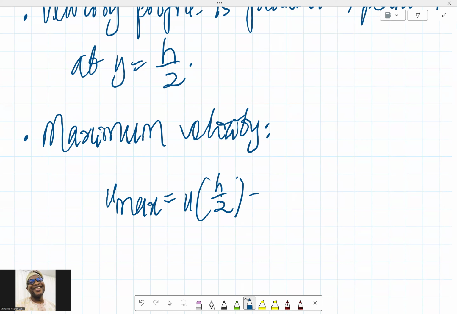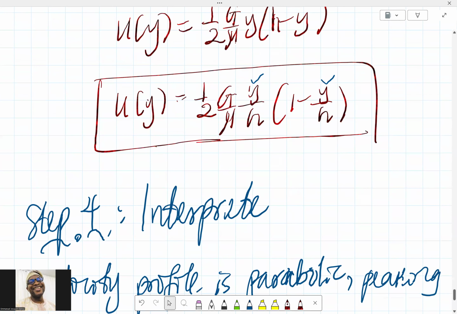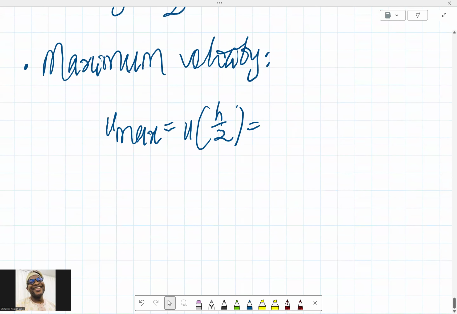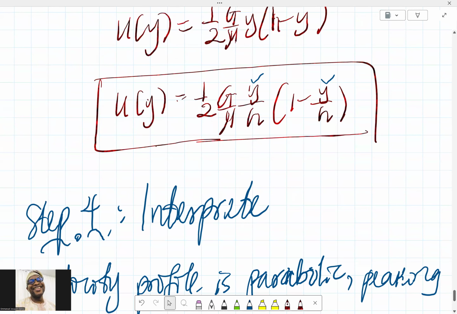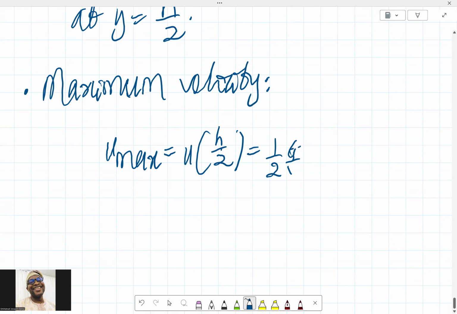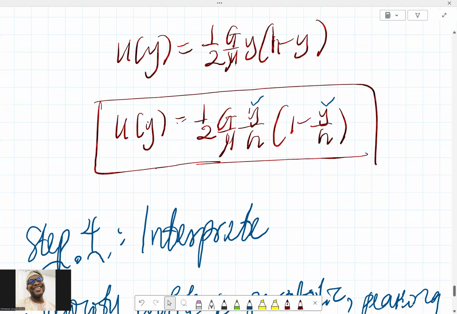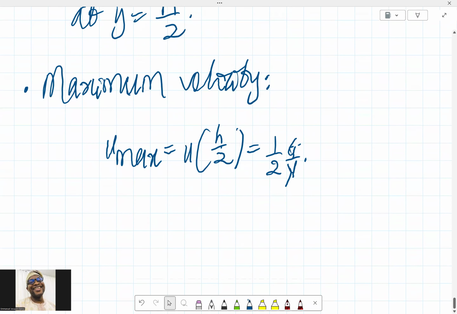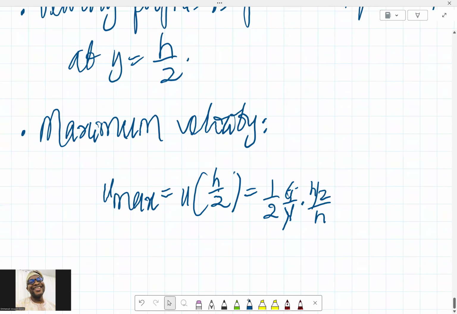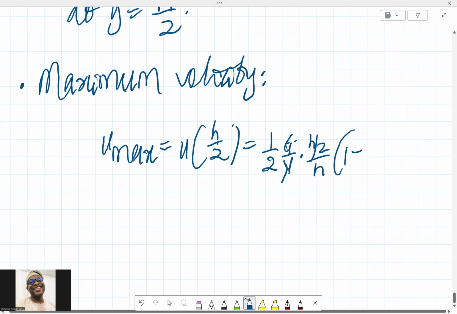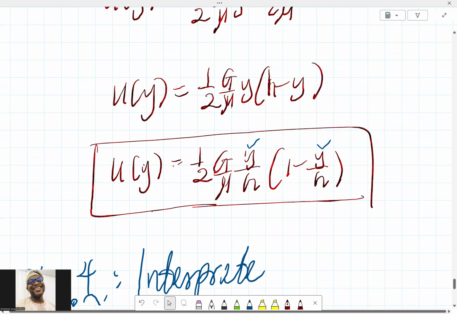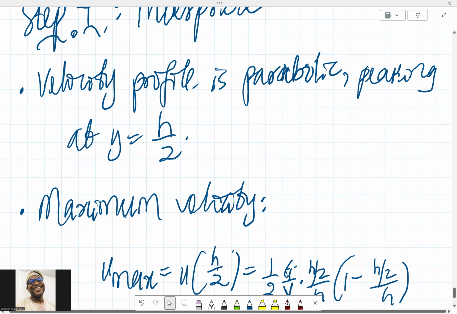So we have half into g over mu, then y. Anywhere you see y now, that's h over 2 over h, right? Then 1 minus h over 2 over h again, because y is h over 2, right? So we can tidy that up.